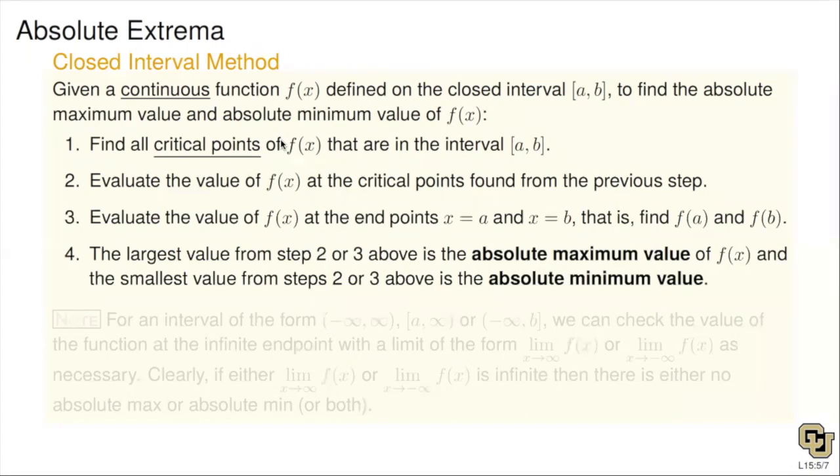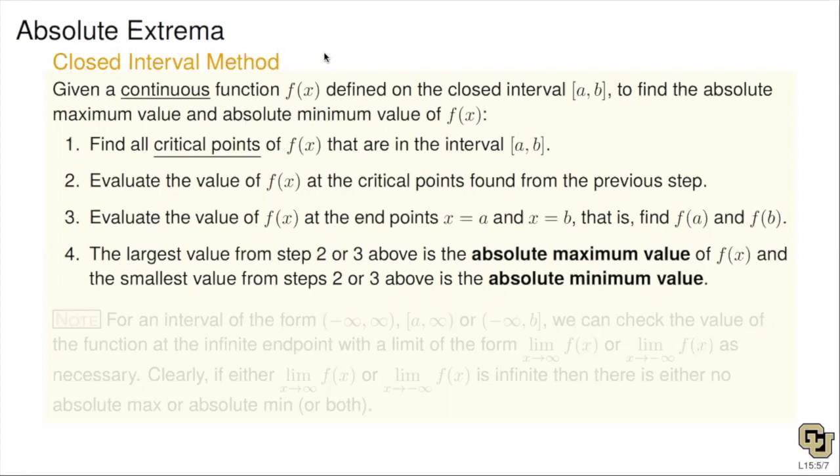It's a very straightforward process where we're literally checking the height at the endpoints A and B, and we're checking the height at the critical points, at the points that make the derivative either 0 or undefined. The highest height is the absolute max value. The lowest height is the absolute min value.